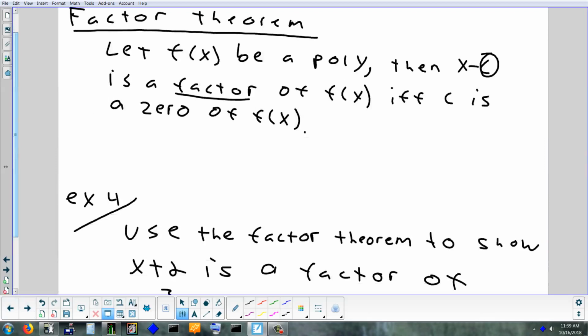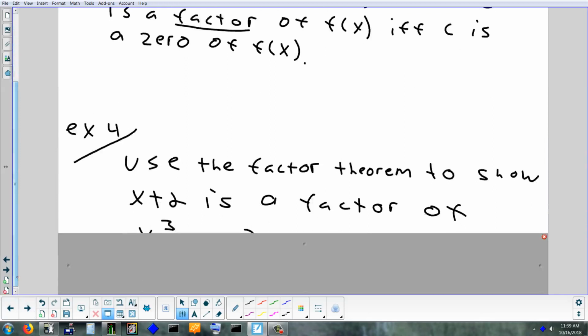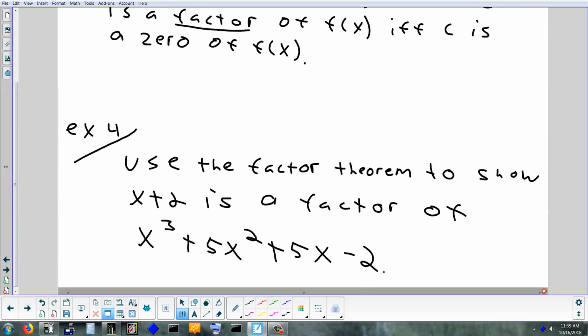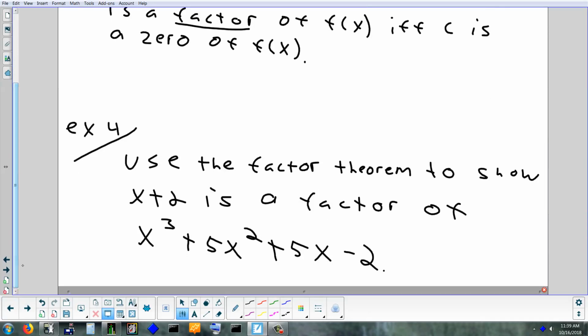Okay, so let's use the factor theorem to show that x plus 2 is a factor of that. Okay, so if I want to use the factor theorem to show that x plus 2 is a factor, I'm going to do the division, and I'm going to hope that I get a remainder of what? 0.